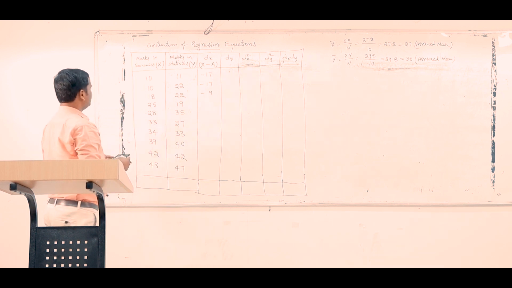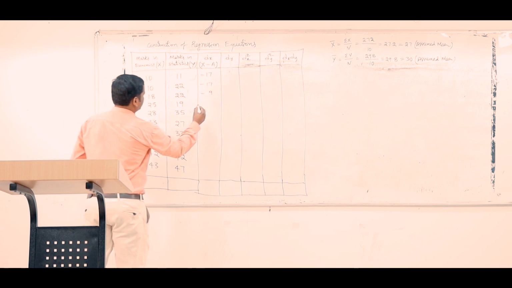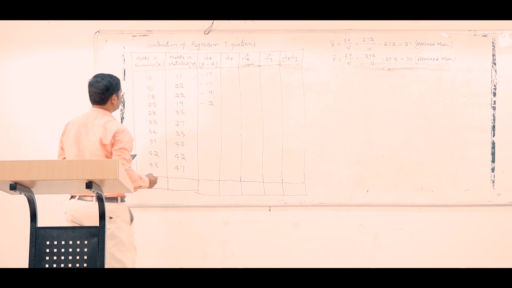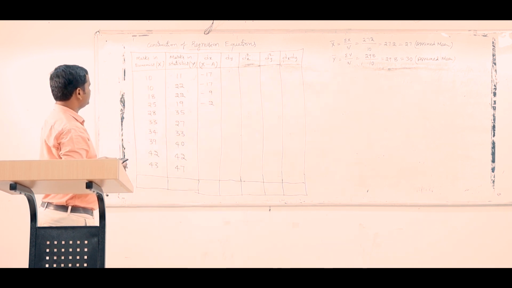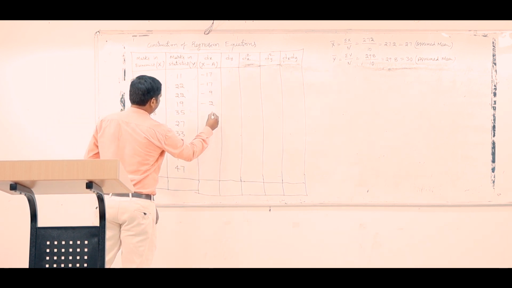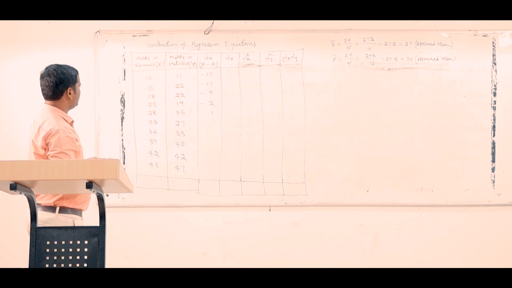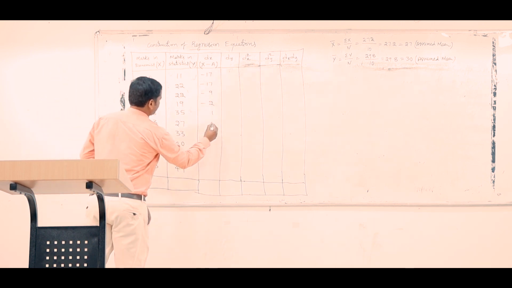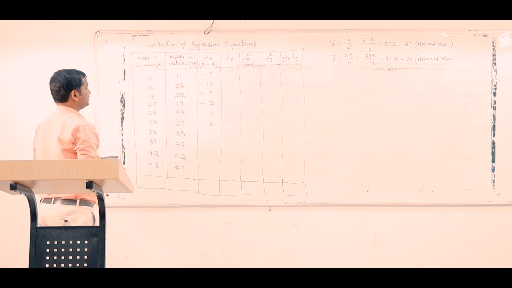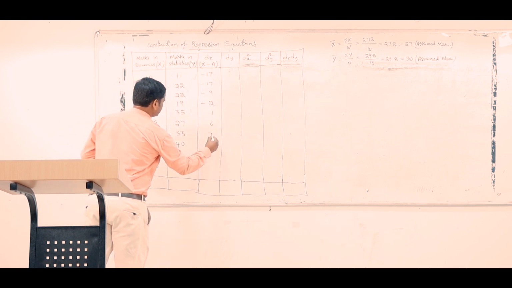Next value is 25 minus 27, it will be minus 2. Next 28 minus 27, it will be 1. Next 33 minus 27, it will be 6. Next 34 minus 27, it will be 7.